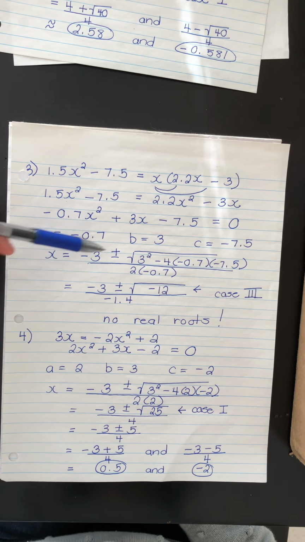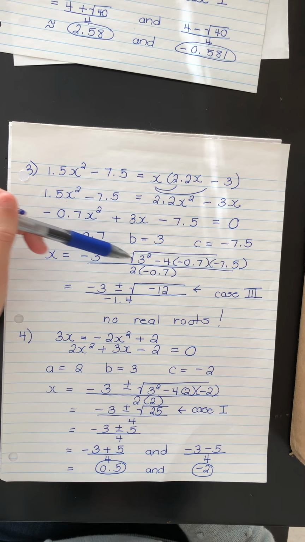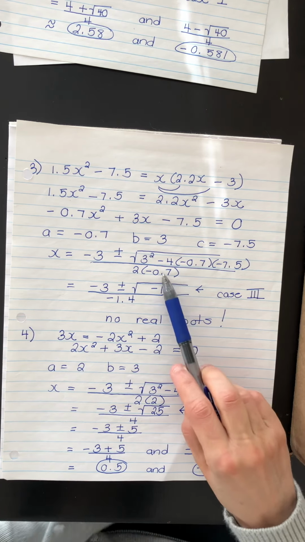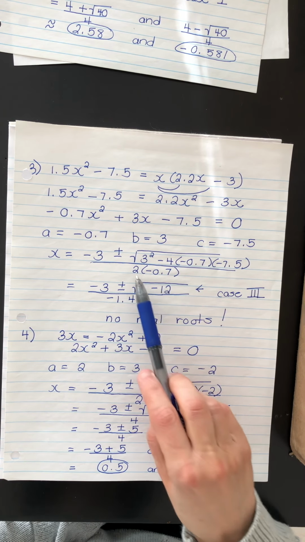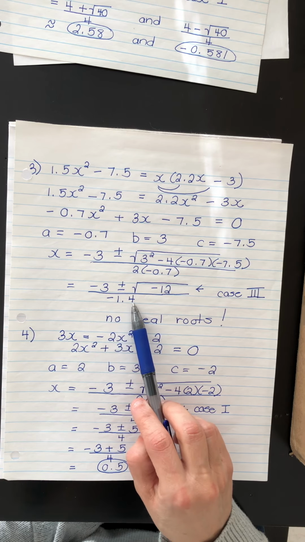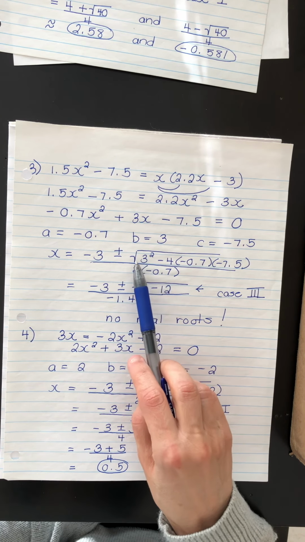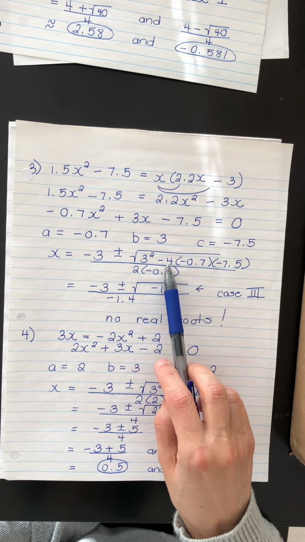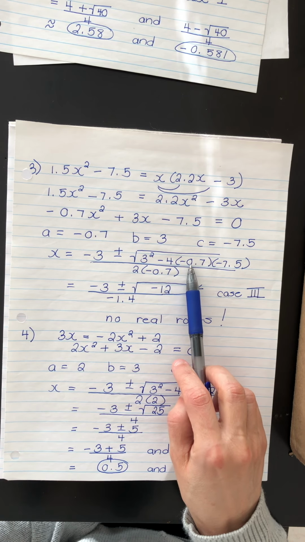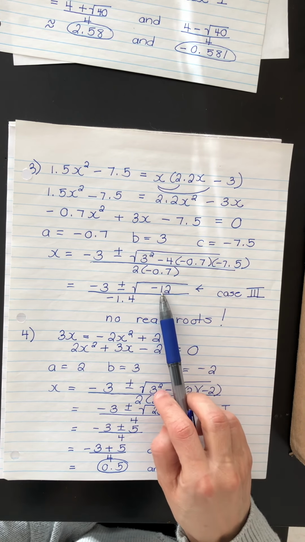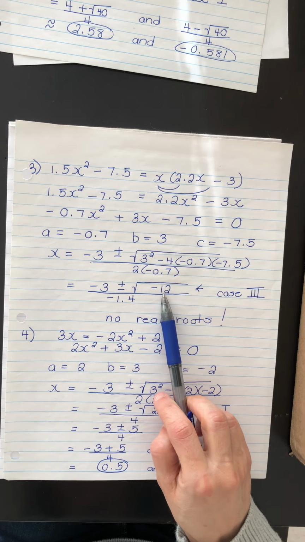Negative of b plus or minus the square root of b squared minus 4ac over 2a. The denominator is negative 1.4. Put this into your calculator: 3 squared minus 4 times negative 0.7 times negative 7.5. And you will get negative 12 here.